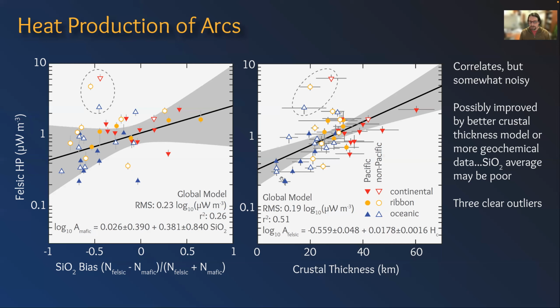And what we find is that heat production increases as a function of crustal thickness, and that increase is fairly well resolved. It has an R squared value of 0.5, which is not too bad for geochemical data. There are some data that are clear outliers. These data sit up in here.